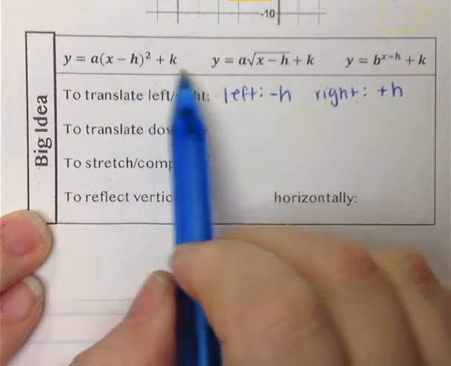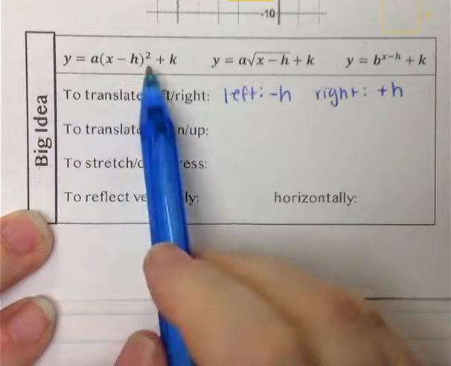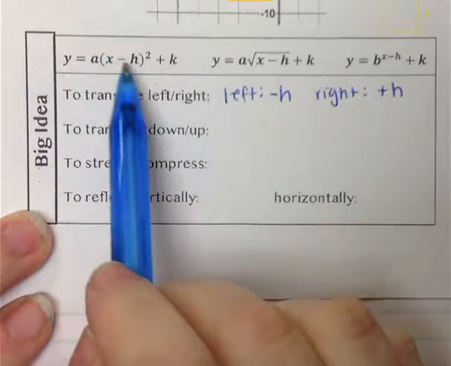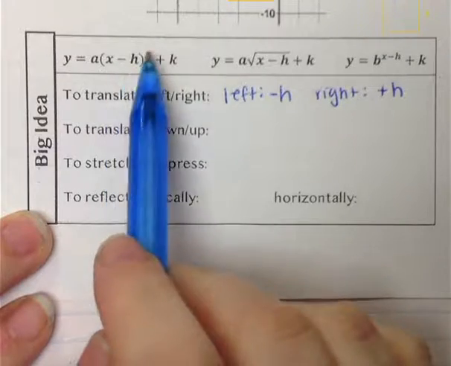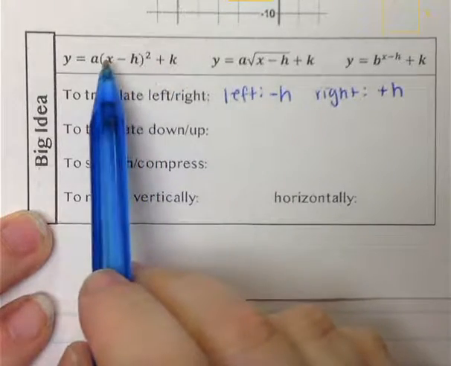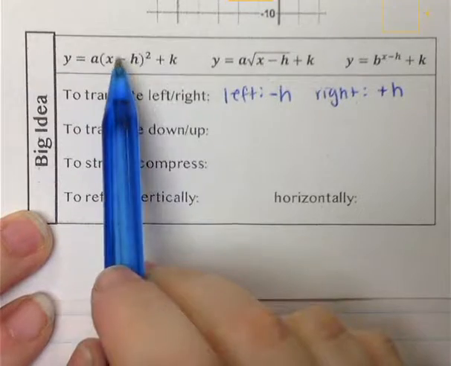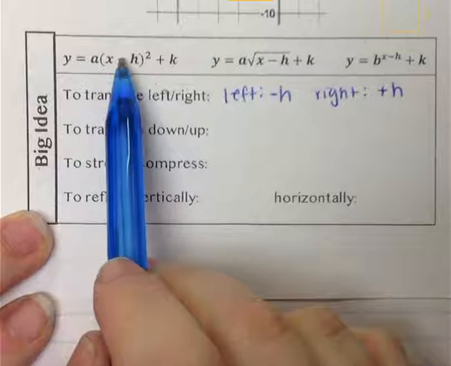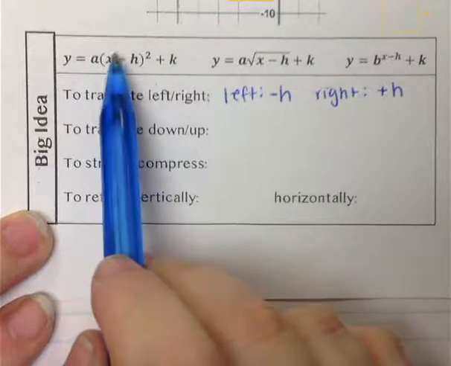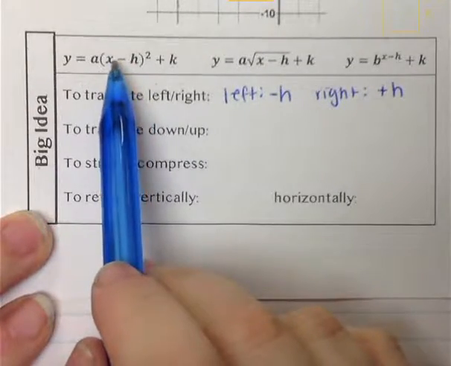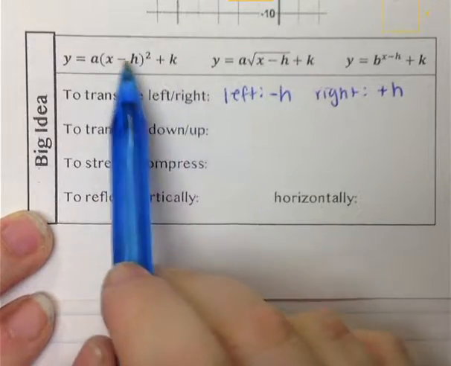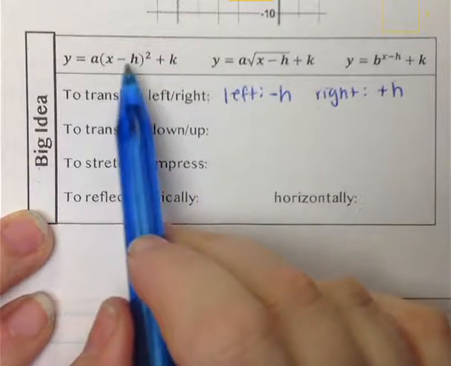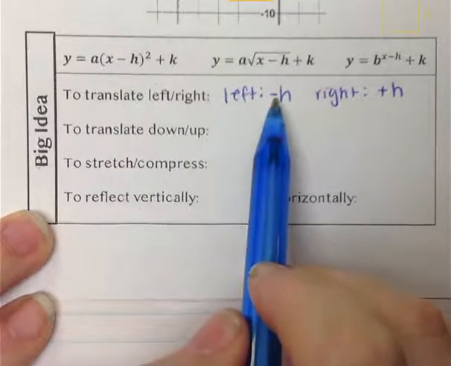Now, when you're looking at the actual equation that you're given, the negative h will look positive on the inside, because in order for it to be a negative h, it'll say x minus a negative h because it has to have that minus sign in there. So if you see a plus sign inside of it, you really had to get x minus a negative value to get that plus. So it looks like a positive, but it's really a negative h.